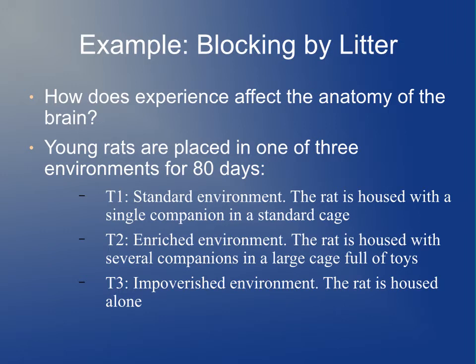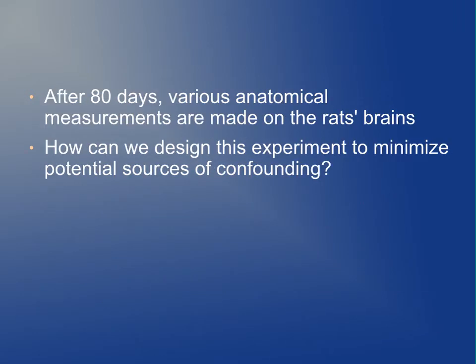In the enriched environment, you give them several companions in a large cage full of toys. And in the impoverished environment, the rat is housed alone, and you want to compare the brains of the rats in these three groups. So after 80 days, you're going to collect anatomical measurements on the rats' brains, and so the question is, how can we design this experiment to minimize potential sources of confounding?